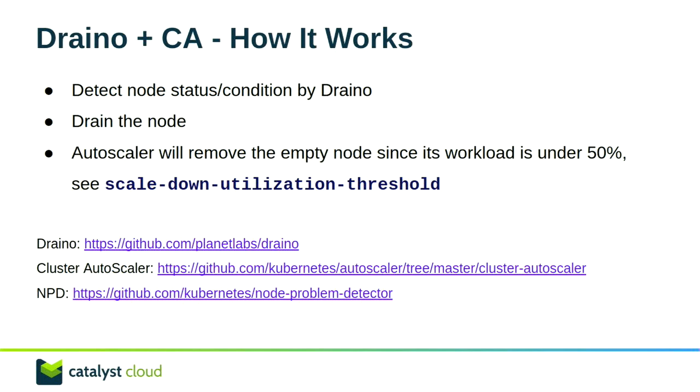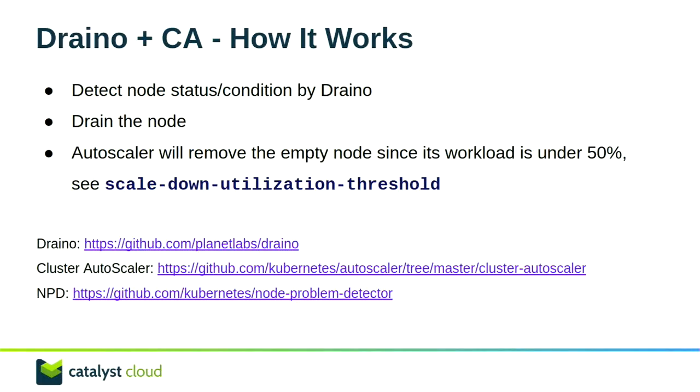If a worker node is in the not ready condition for more than 10 minutes, that worker node is a broken worker node. Then Draino will drain the worker node to remove all the workloads from that worker.